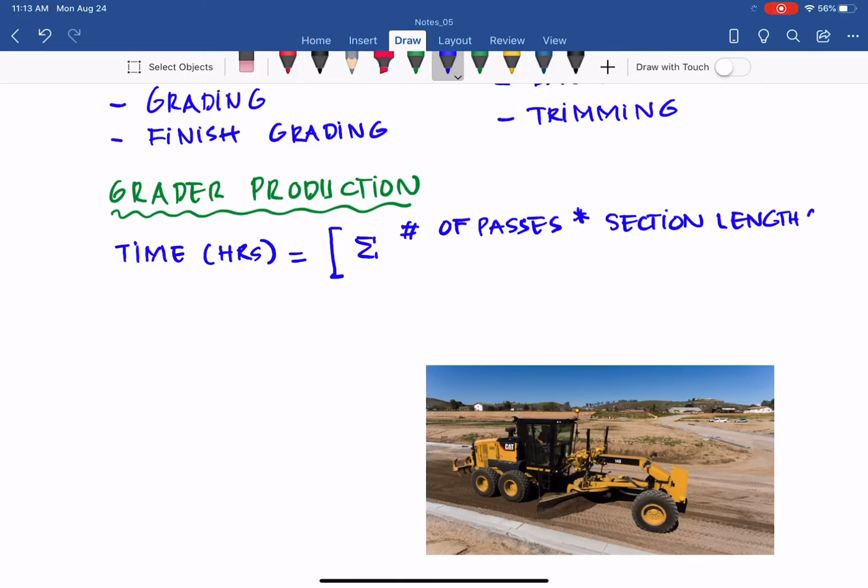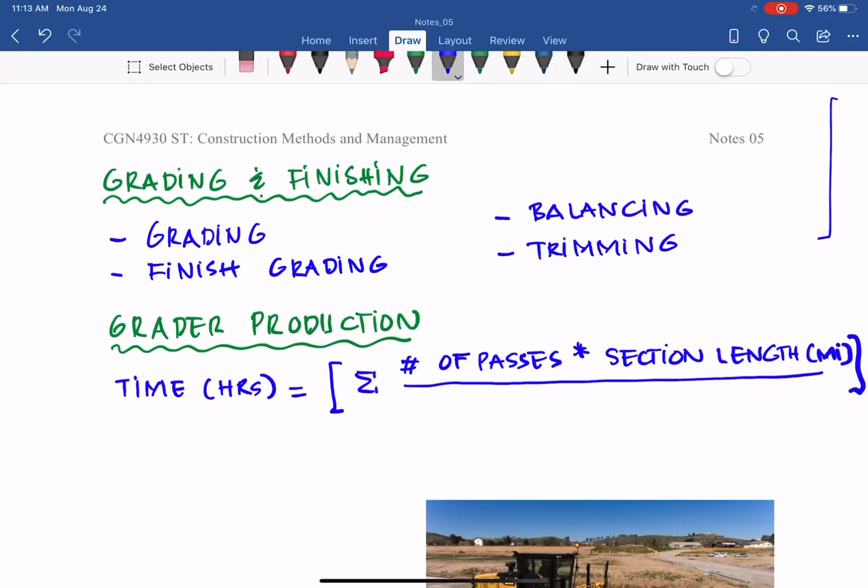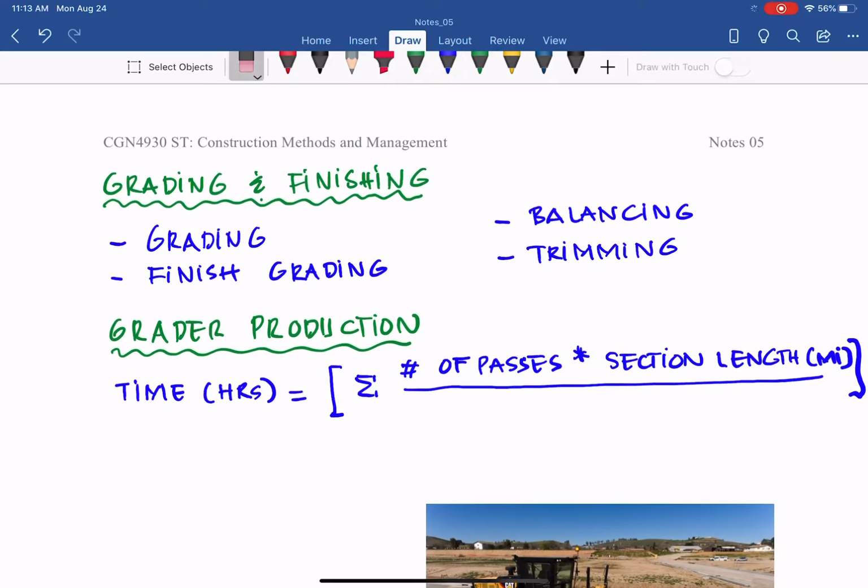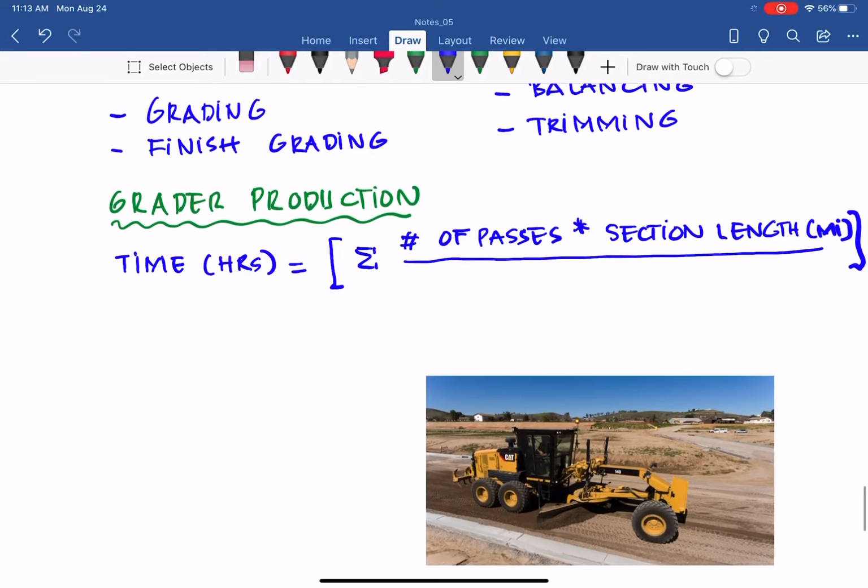measured in miles, and then we divide by the average speed of the grader for that section, and speed is measured in miles per hour.